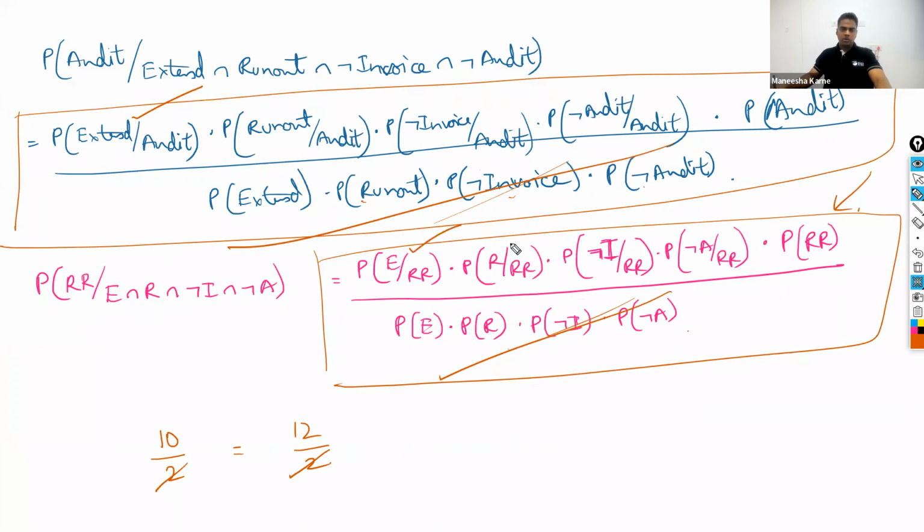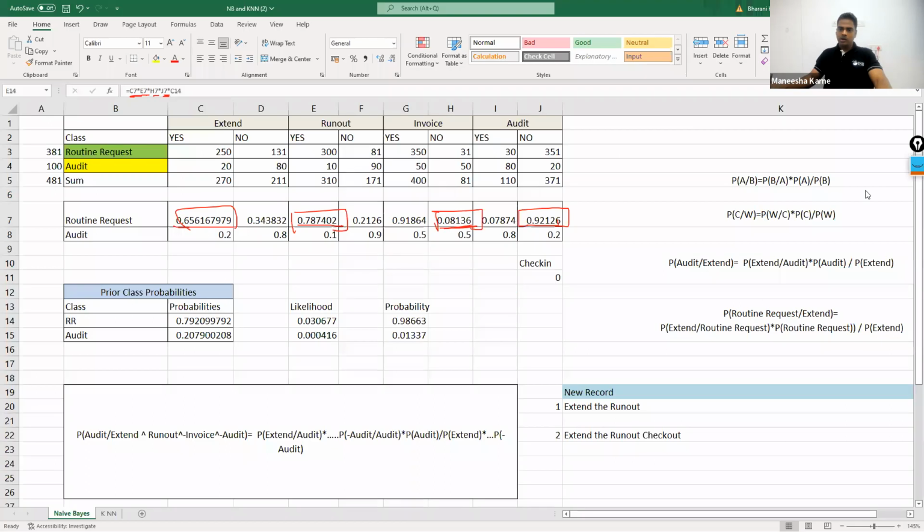Probability of extend given routine request, run out given routine request, not having the word invoice, not having the word audit given routine request. But what about this? We need to multiply that also. So that is C14. Where is C14? This is probability of routine request. Overall, how many routine requests do you have out of 481? 381.